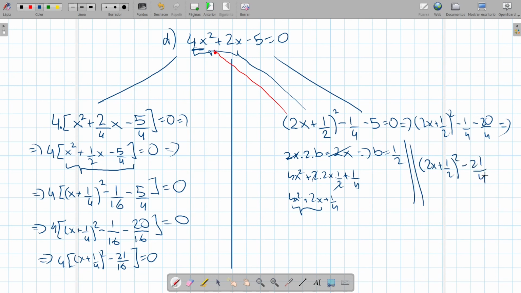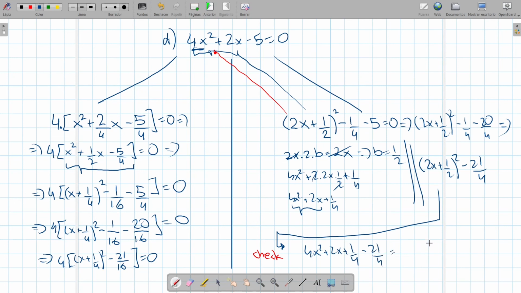Which we could check because we would have this over here. Let's check it. Good thing is you can always check if we want to spend the time. So that's the perfect square we have already calculated, which gives us this, minus 21/4.